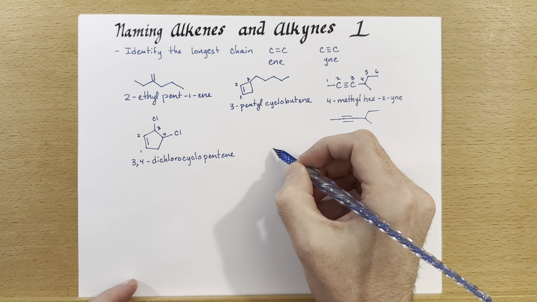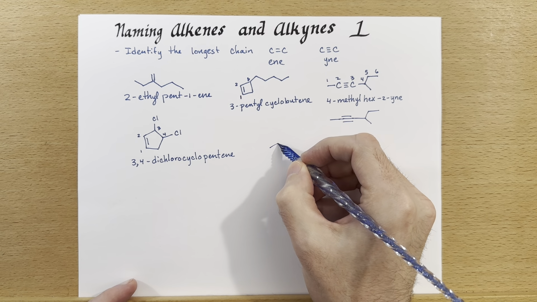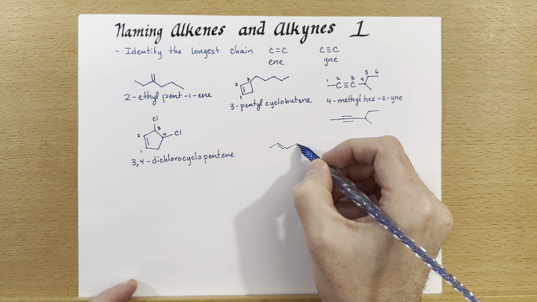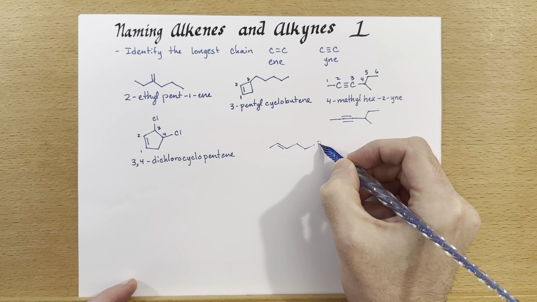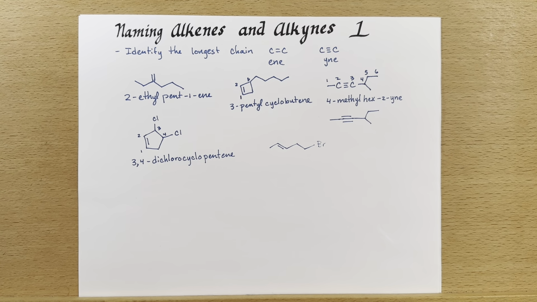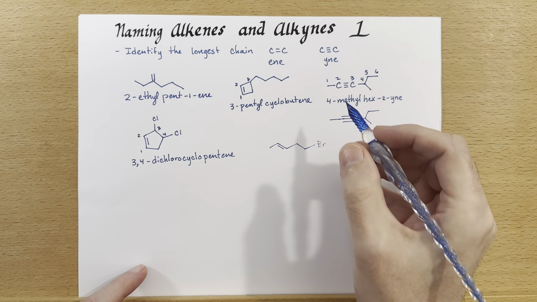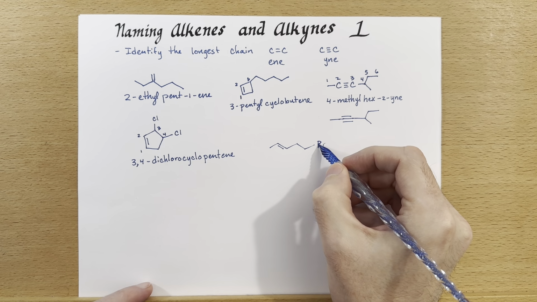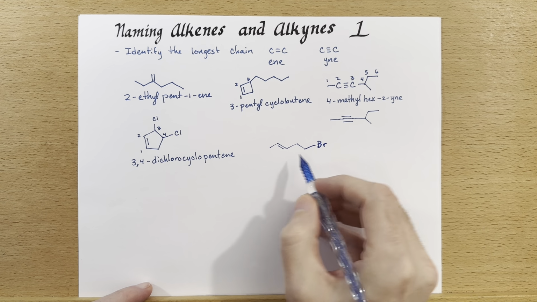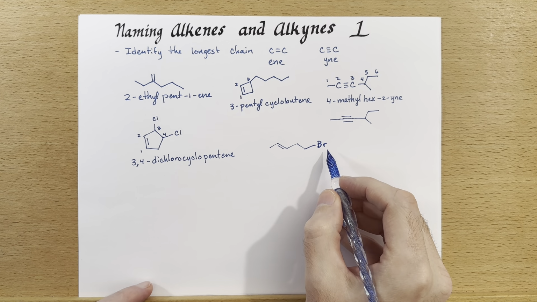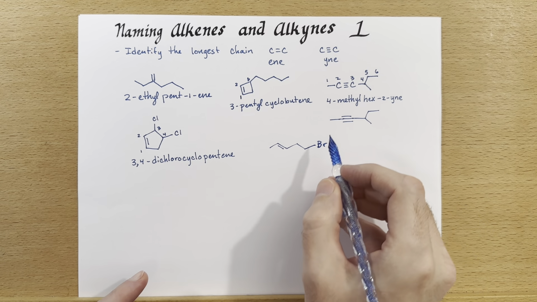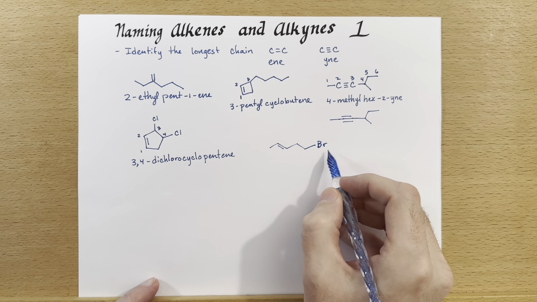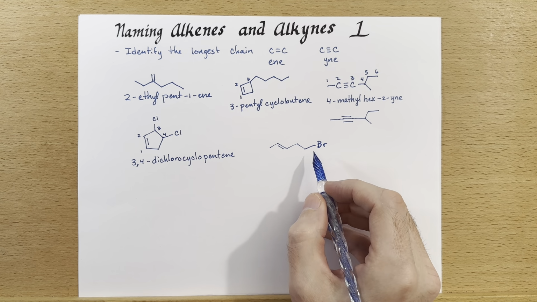Let's look at a few more examples. So here we have a molecule, and you might think, oh, well, we number it so that the substituents have the lowest numbers.